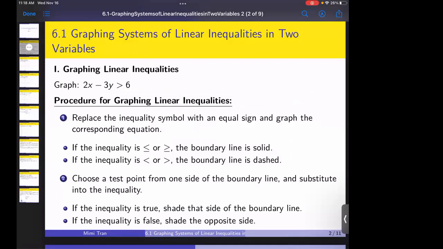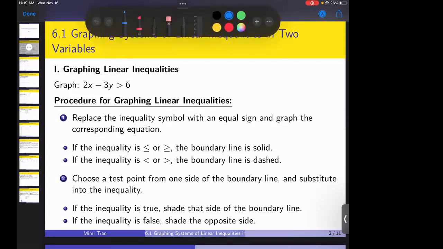Let me ask you a question. If I graph an equation, then the solution of that equation, if I graph a linear equation, say this one, 2x minus 3y equals 6.